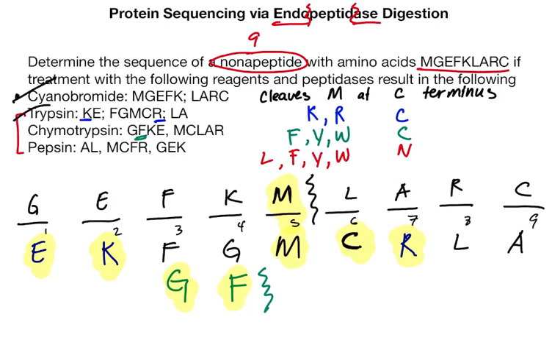MCRLA, which is essentially this. It's still the same thing, just in a different arrangement. So now we're only looking at LA. Is it LA or AL? Okay, so that's where pepsin comes in. Notice that in pepsin, we have AL, right?